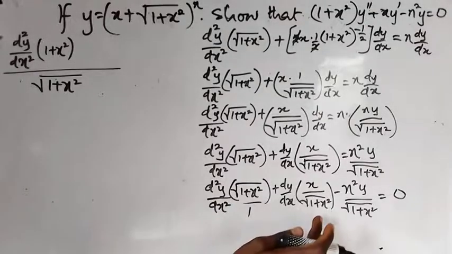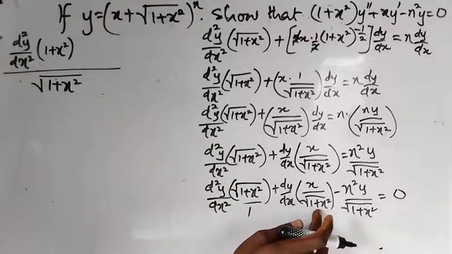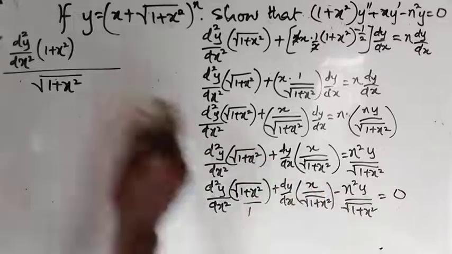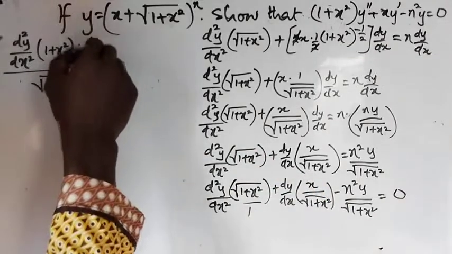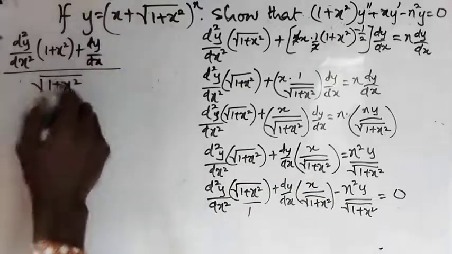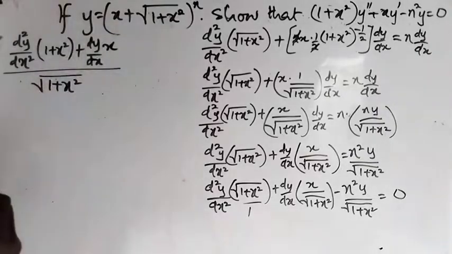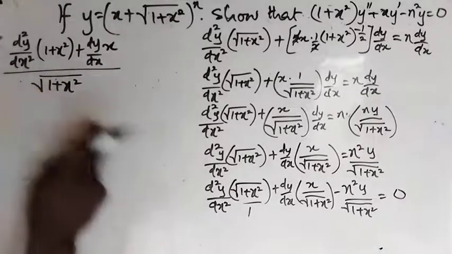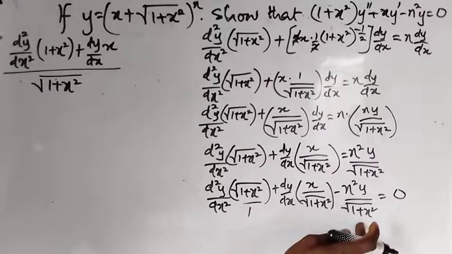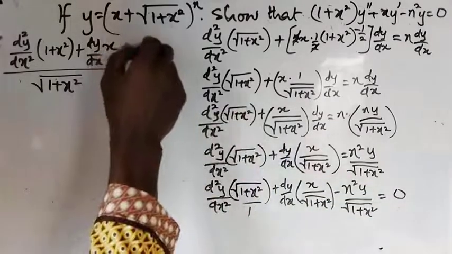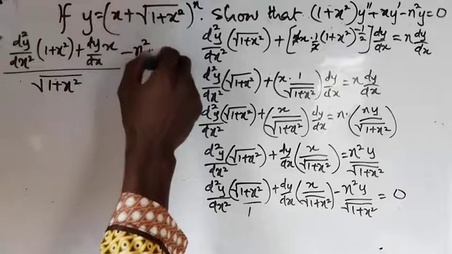Now this times this here is 1 times this here, we now have the dy/dx times x. Now this dividing this is 1 times the whole of this, minus n²y equals 0.